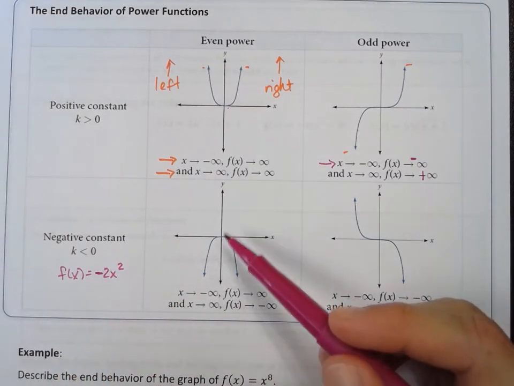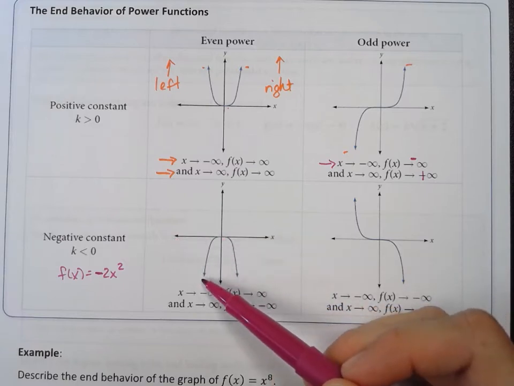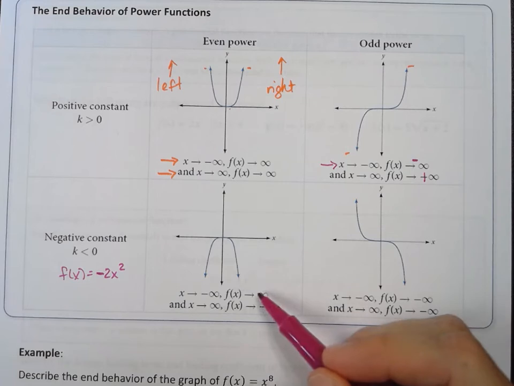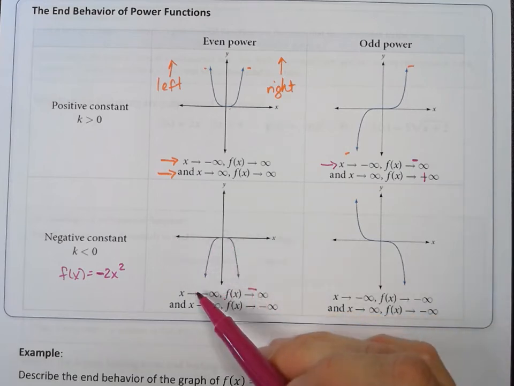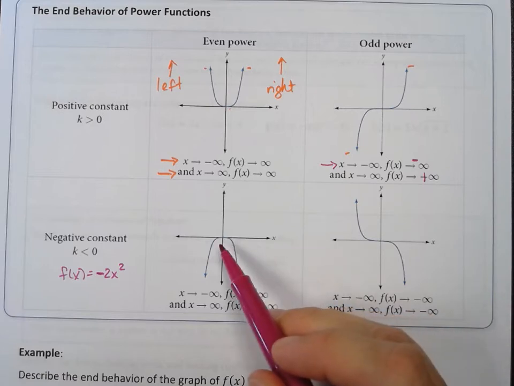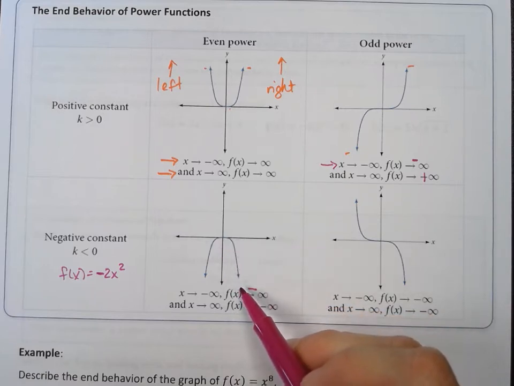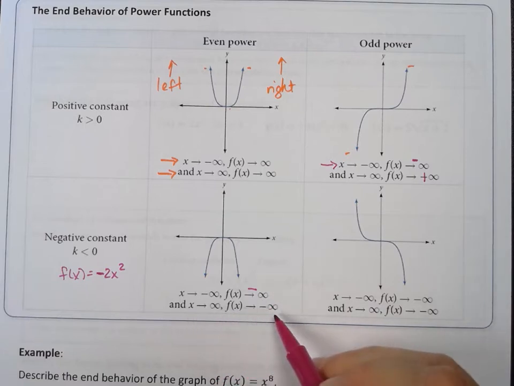So in this case, as x gets smaller, y gets smaller. That's what this one says. As x gets smaller, y gets smaller. The other side says, as x gets bigger, y also gets smaller. So this is true for this one. As x gets bigger, y gets smaller.